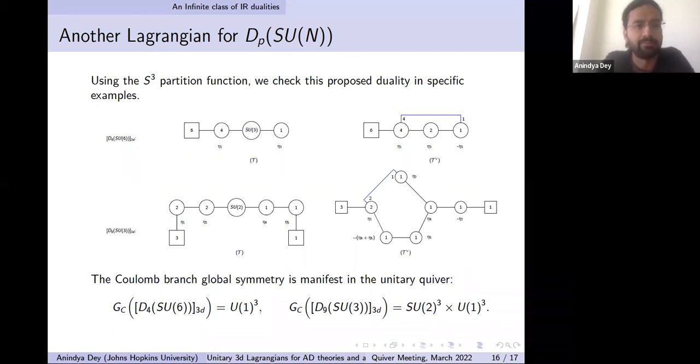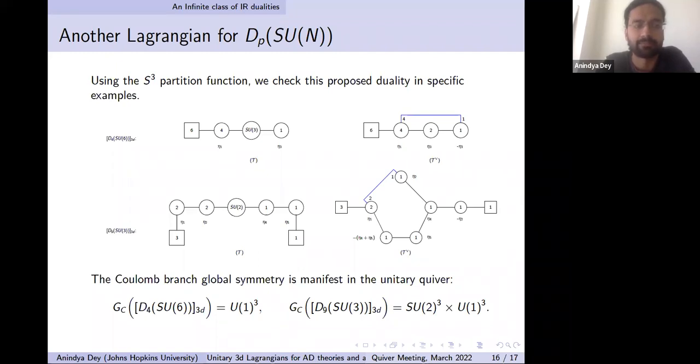I mean, obviously, you can also write down a bunch of stuff which are just field redefinitions, but those are probably not what you're talking about. So yeah, if there are multiple SUs, you can choose to replace one of the SUs with a unitary gauge group and not the others. But that is not going to be the quiver that you get from this S-type operation. So it'll be a different thing. The S-type operation is guaranteed to produce a quiver which has only unitary gauge nodes and nothing else.